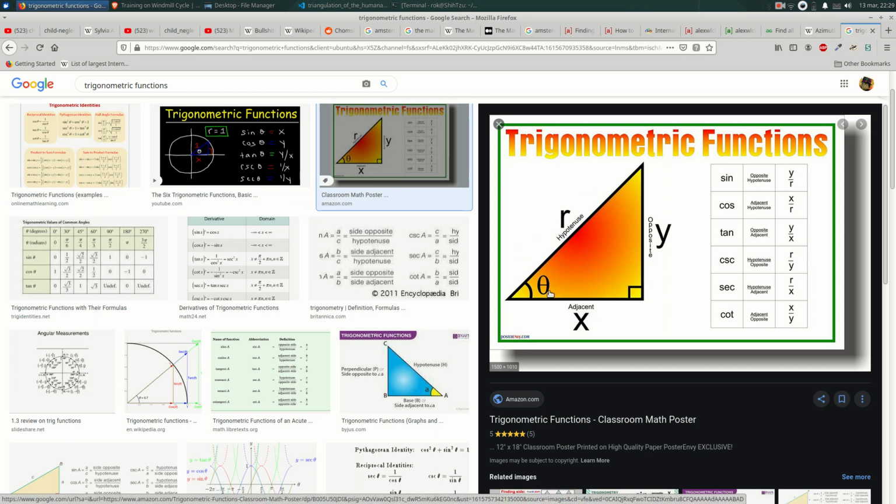So adjacent and opposite. Opposite, adjacent, adjacent, opposite. So we've got tangents, tangents with opposite and adjacent.